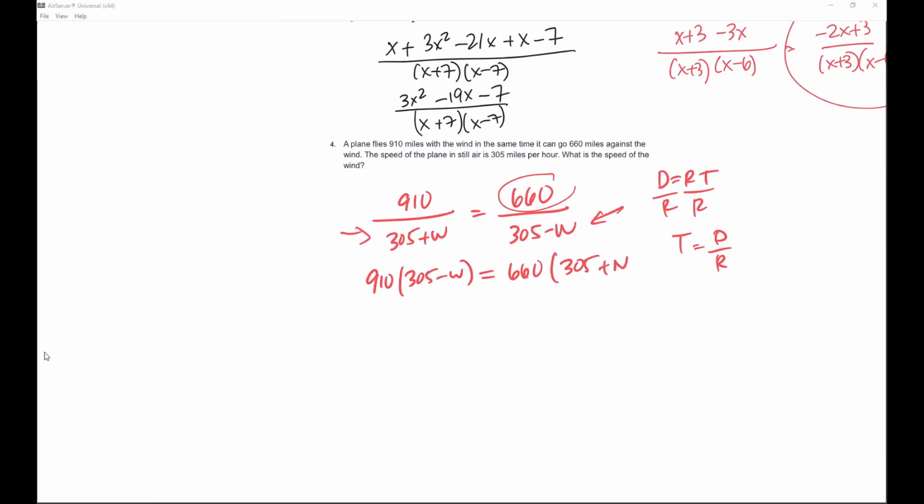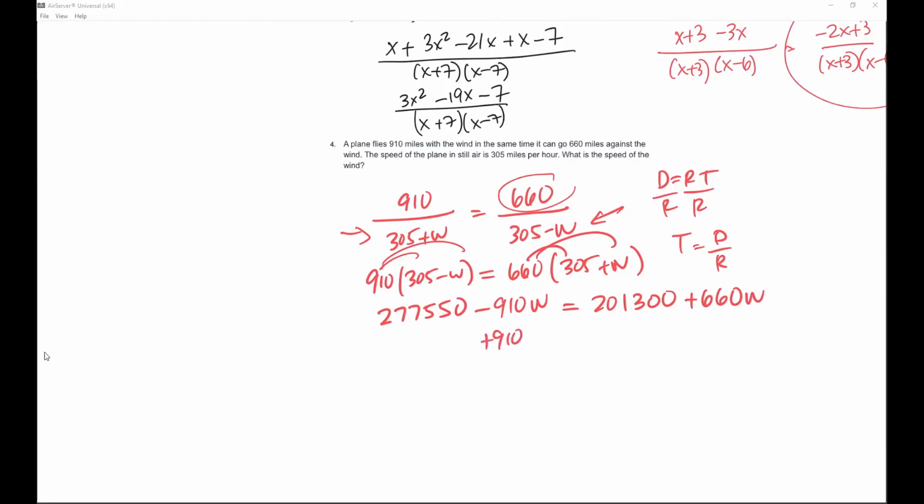And then distribute. So this will be 277,550 minus 910w equals 201,300 plus 660w. Then what do you do? You add 910w to both sides. And then you subtract the 201,300.